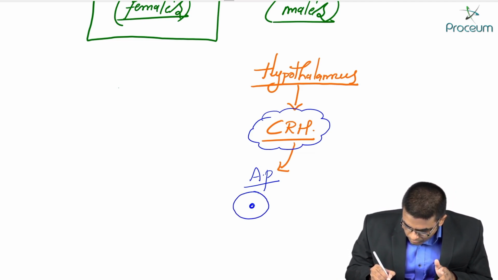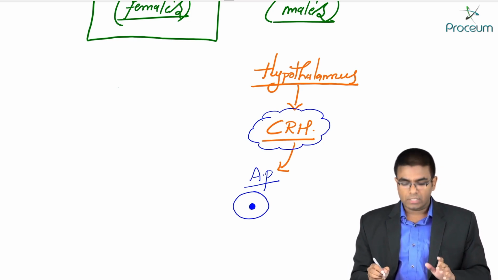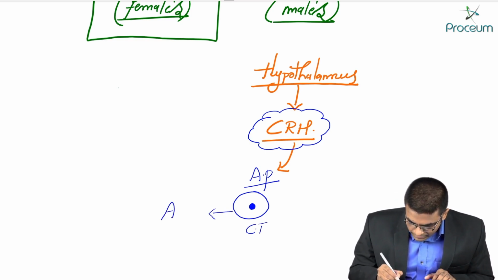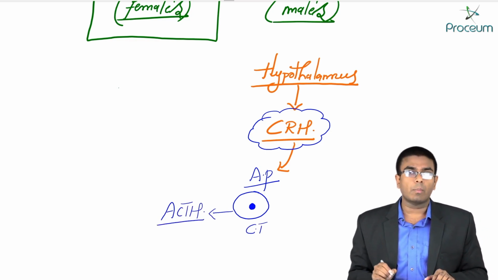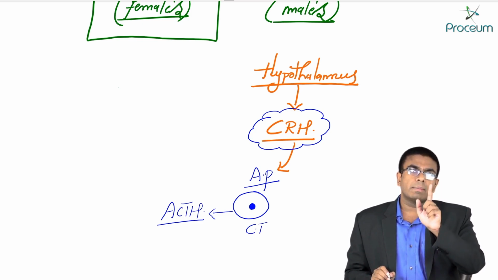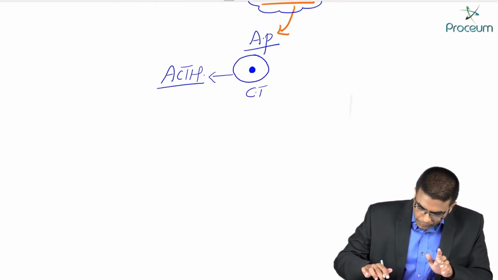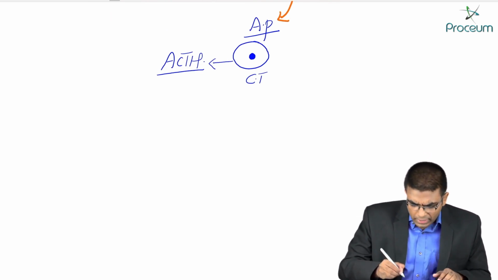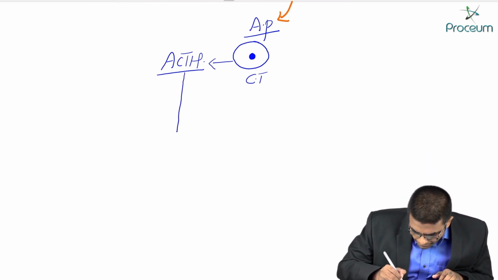So these corticotropes in the anterior pituitary are acted upon by CRH. Now what happens? These corticotropes will release ACTH, adrenocorticotropic hormone.